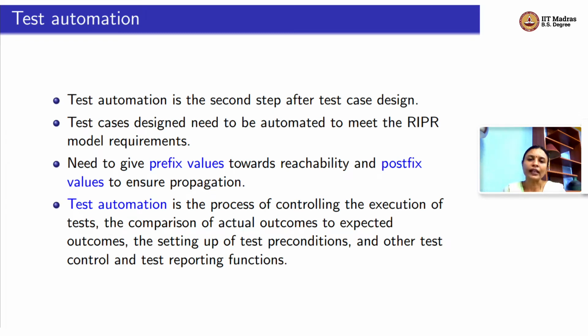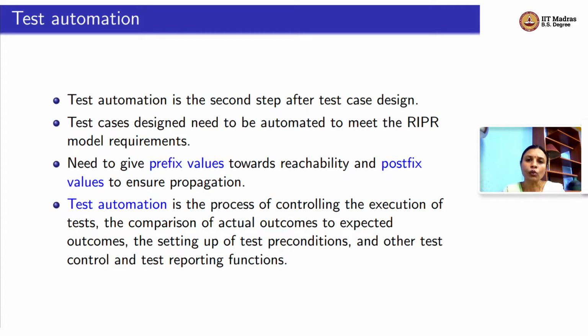So after we've designed test cases and we are ready to execute them, you need support with automating the execution. That process is called test automation. Remember, a test case needs to go to a particular place if you're going to test a particular fragment of code, and whatever that fragment of code outputs needs to propagate to the output and so on. This is what we learnt as RIPR criteria in one of the earlier lectures.